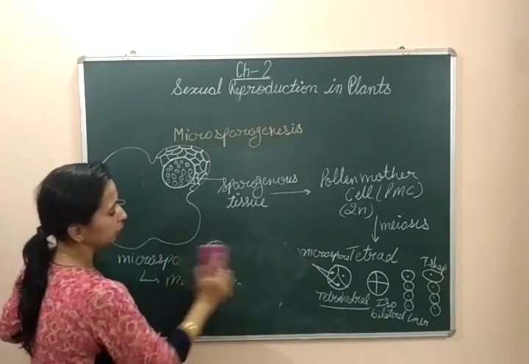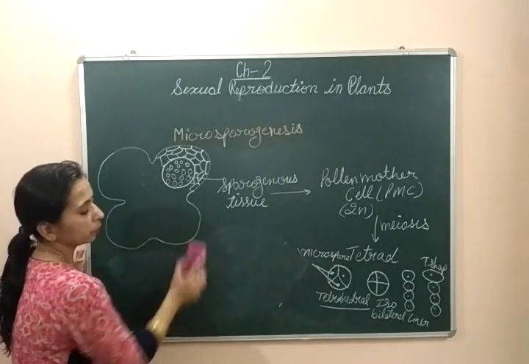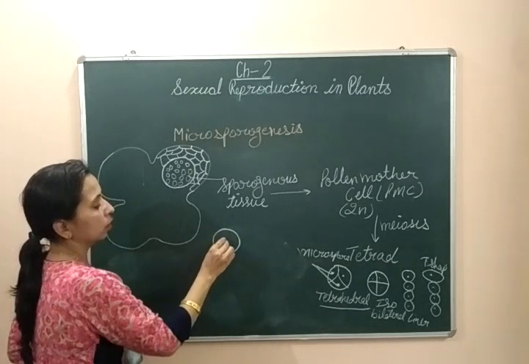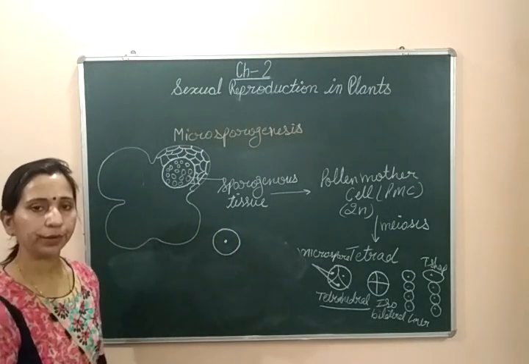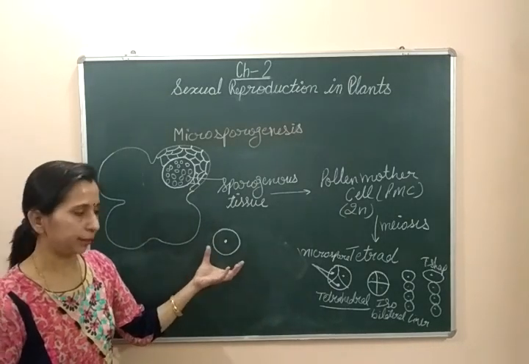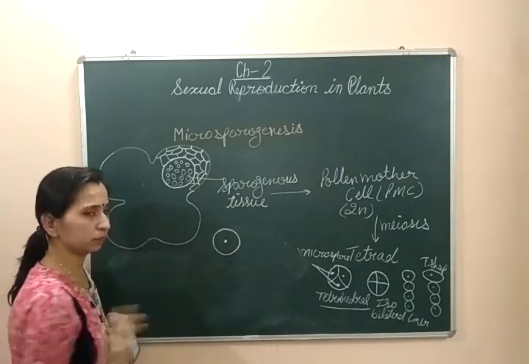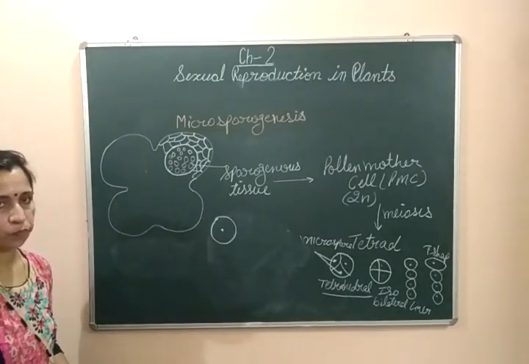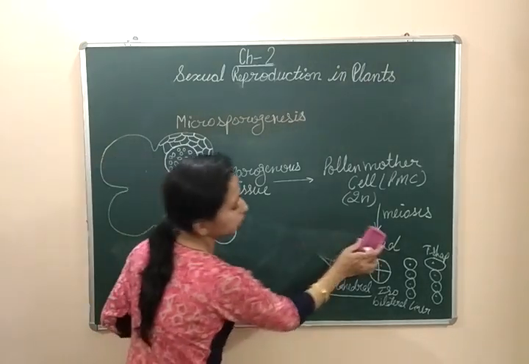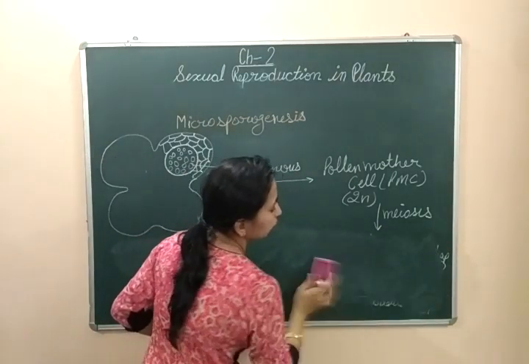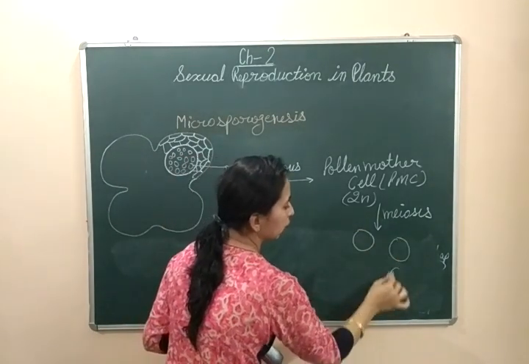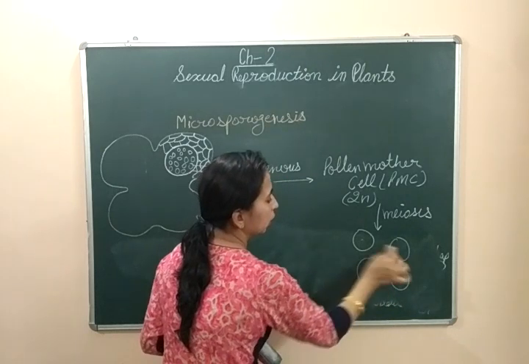For the formation of pollen grains from these microspores, when the tetrads get separated and all four microspores separate from the tetrad, they are now able to convert into pollen grains.